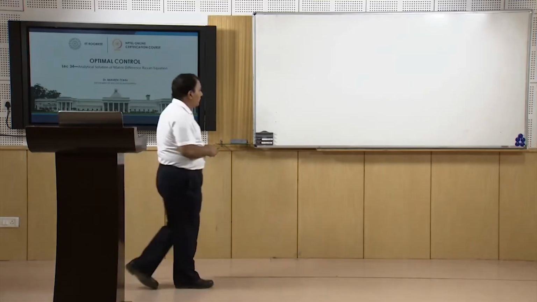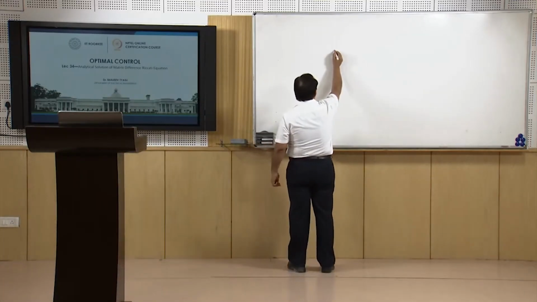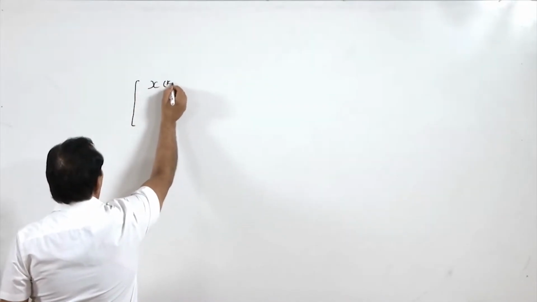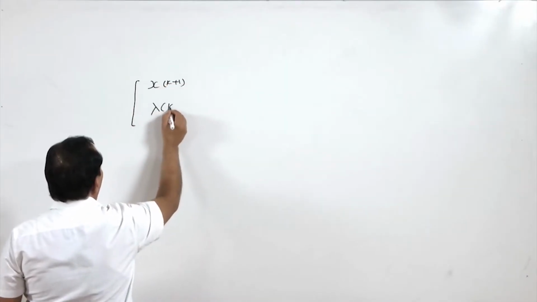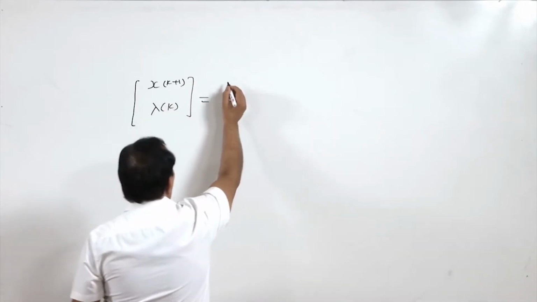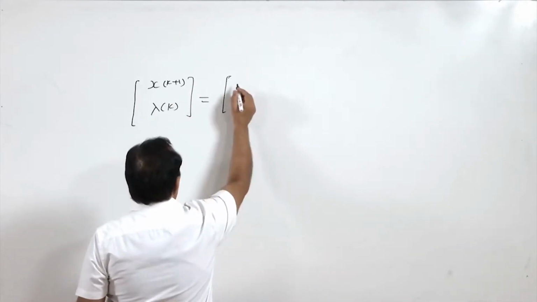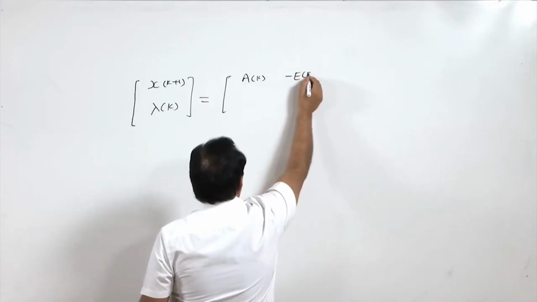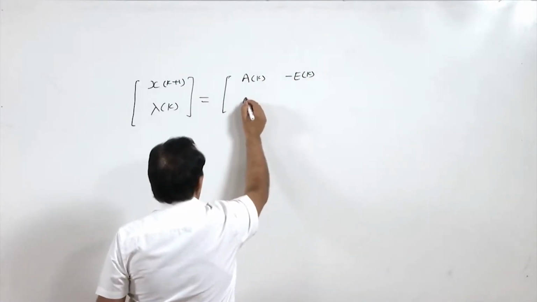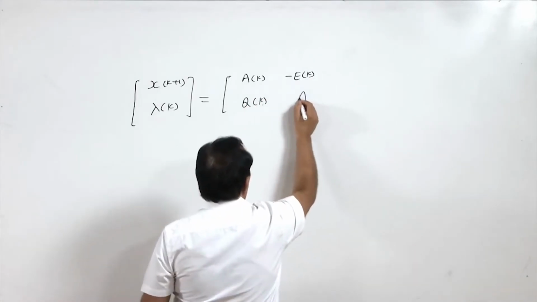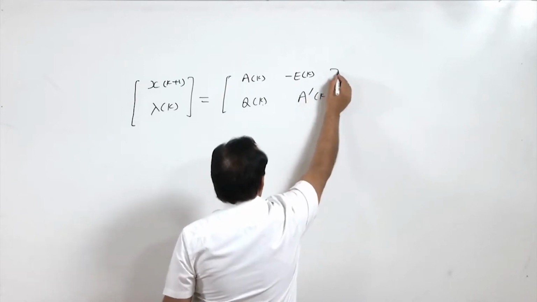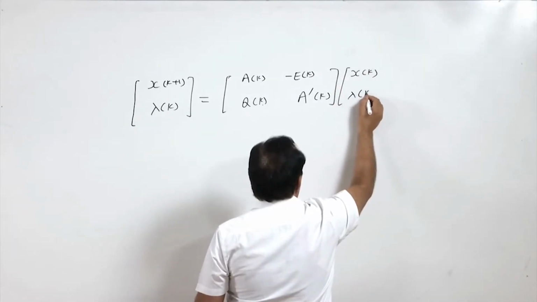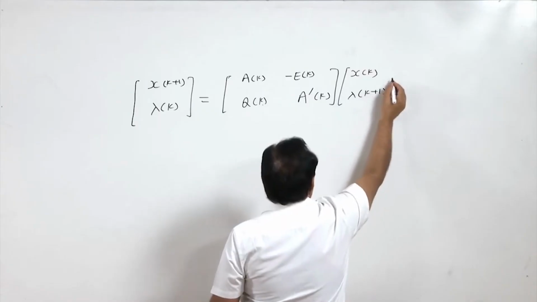as you know, we have developed the Hamiltonian system in terms of the x k plus 1 and lambda k, which was nothing but my A k, minus E k, Q k, A transpose k, x k and lambda k plus 1.